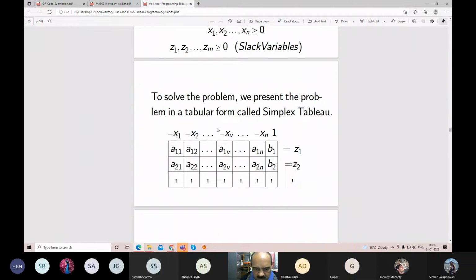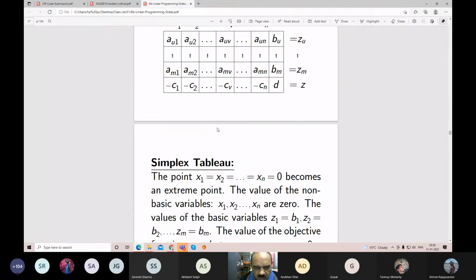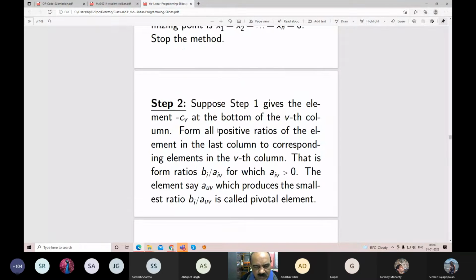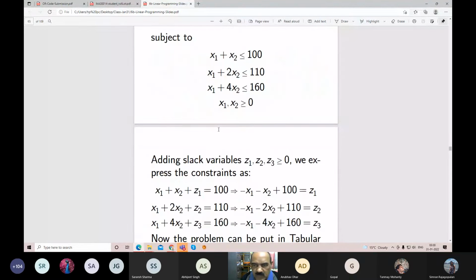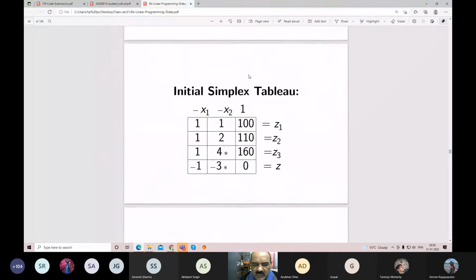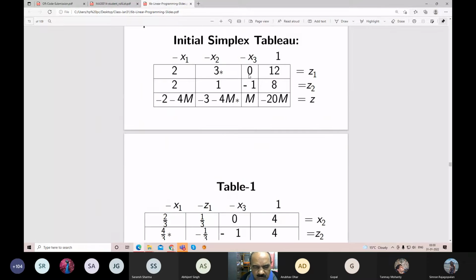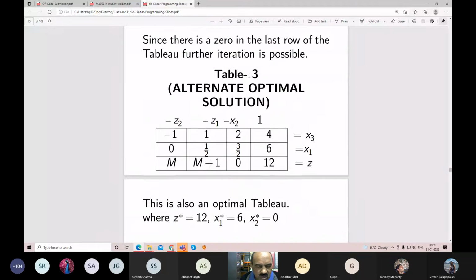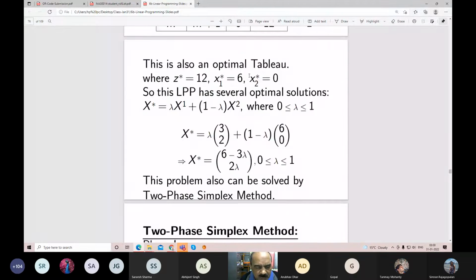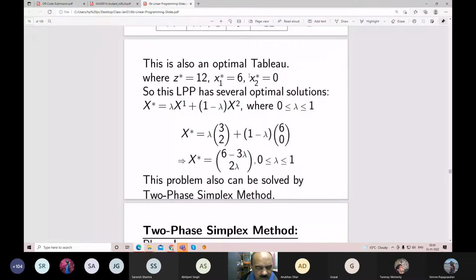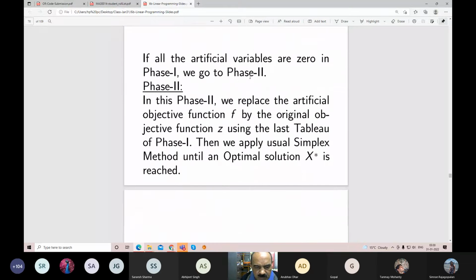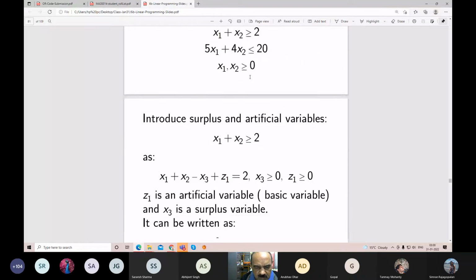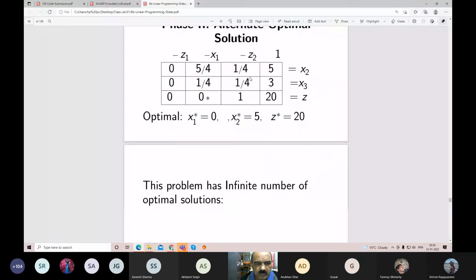To check whether this is the correct answer or not, I have to solve the problem. After solving, I will learn whether your answer is correct or not. But using duality theory, I can check whether your answer is correct or not. That is why it is crucial. So I will just talk about that.